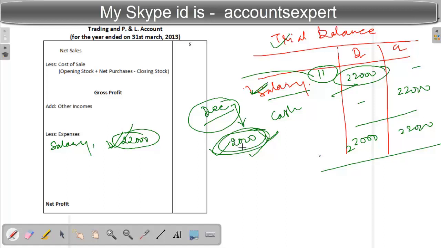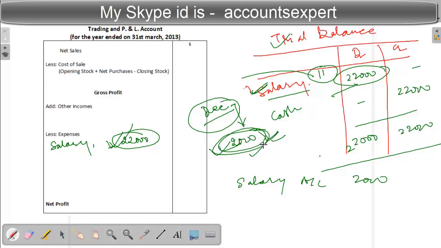Now see what entry I will pass for this 2,000. Tell me, is this 2,000 an expense or income? This is salary, and obviously salary is an expense, and to record an expense we have to debit it. So the salary account will be debited with 2,000. This is an expense, and expenses are always debited, so I will debit the salary account.